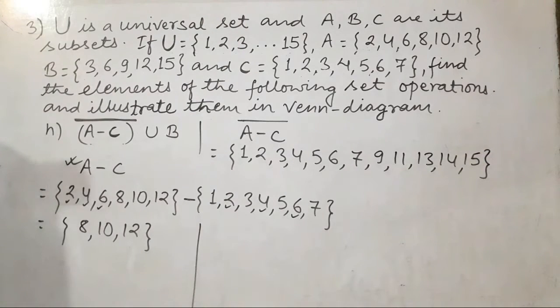A minus C complement is 1, 2, 3, 4, 5, 6, 7, 9, 11, 13, 14 and 15.